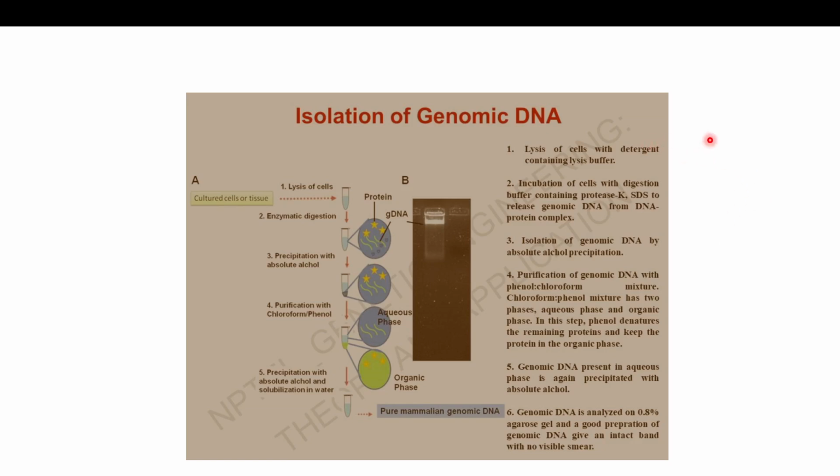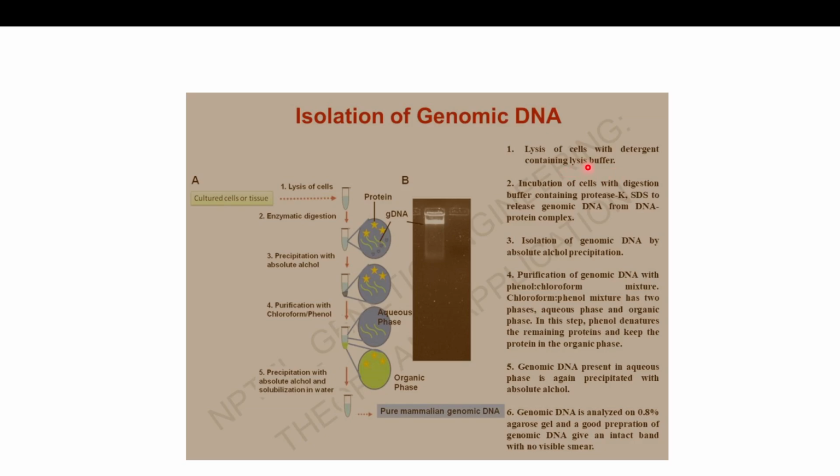The very first thing to be done is you have to break open the cell in order to get your genomic DNA out of the cell. So you have to break open, or lyse, the cells using a suitable buffer, which is commonly referred to as lysis buffer.